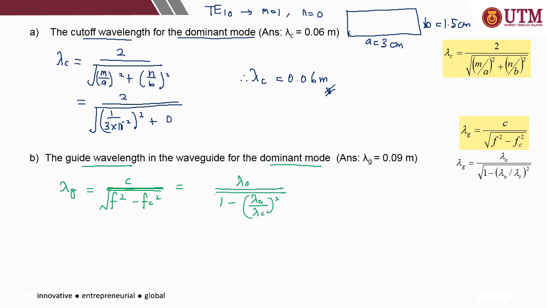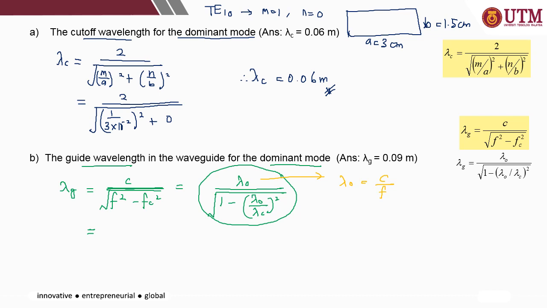You can choose to solve using either one, whichever is easier for you, right? But in this case, since we already have the lambda c from the first question, you can straight away use this equation, but you don't know yet the lambda naught. So lambda naught equal to c over f.